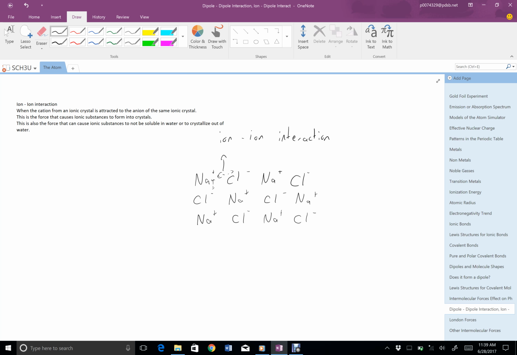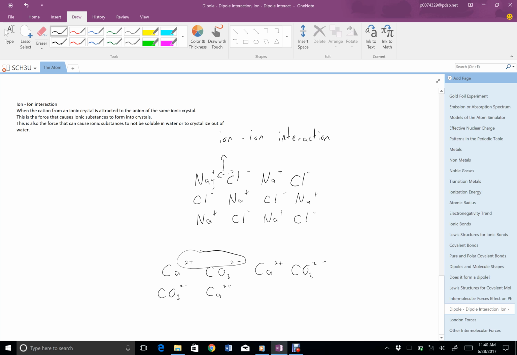That's why when you boil the water out of salt water, eventually the salt will recrystallize because of its ion-ion interaction, or why a different ionic crystal, say something like calcium carbonate, with its large charged ions, just has too much ion-ion interaction to be soluble.